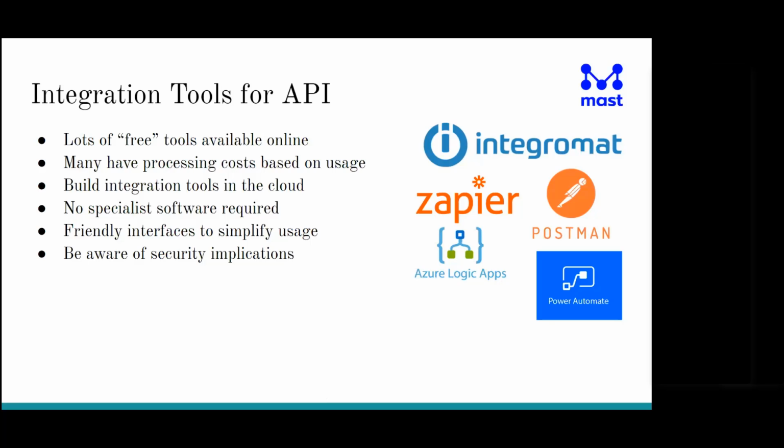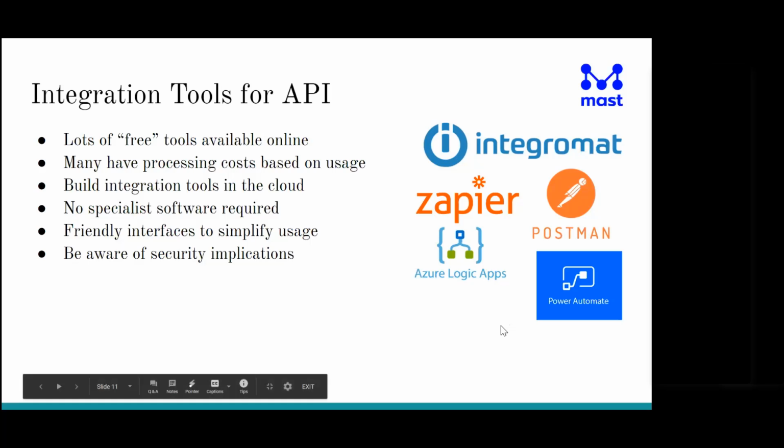It's partly down to personal preference, but also the balance of those pros and cons for your particular organisation and requirements. A lot of these allow you to build an integration in the cloud without any specialist software required. You can do a lot of this in your browser. So it's a sort of drag and drop almost of little elements for each of these.